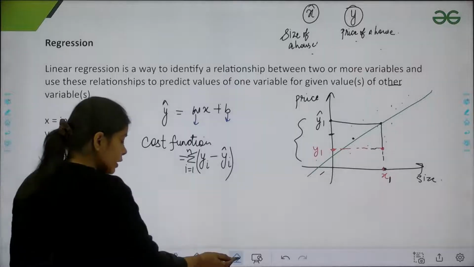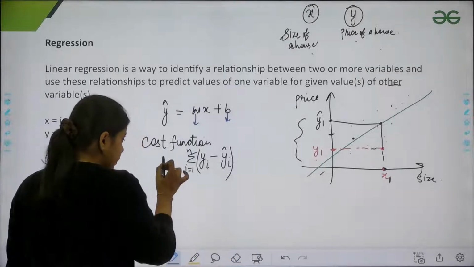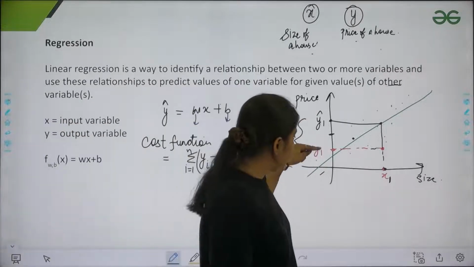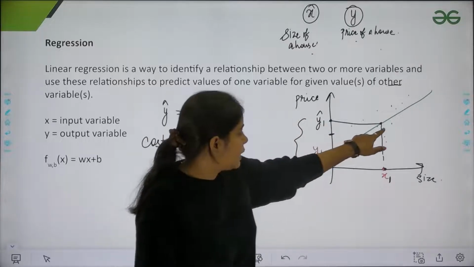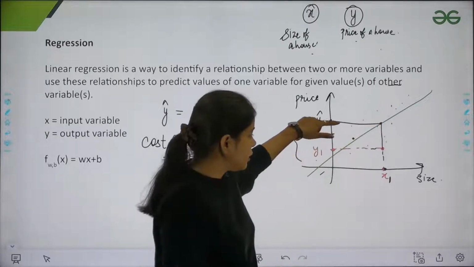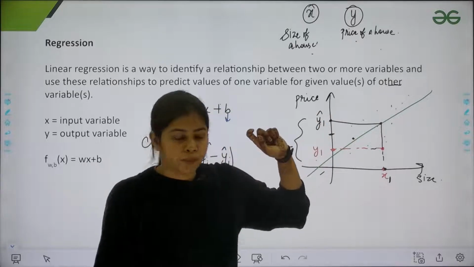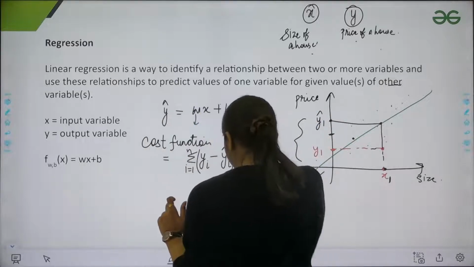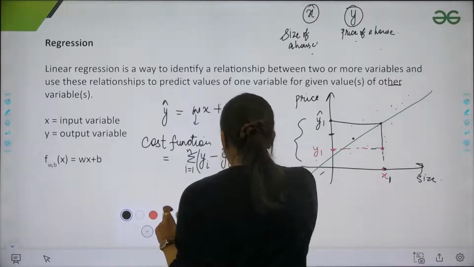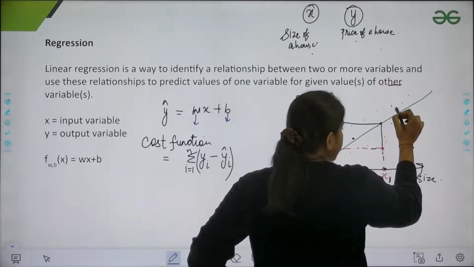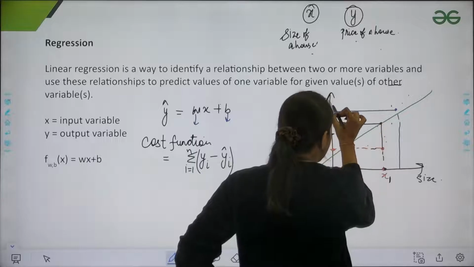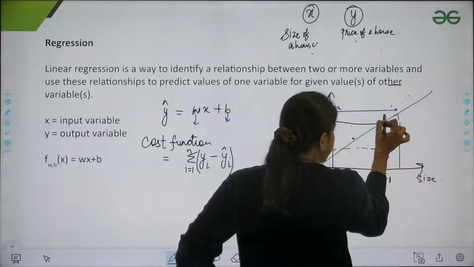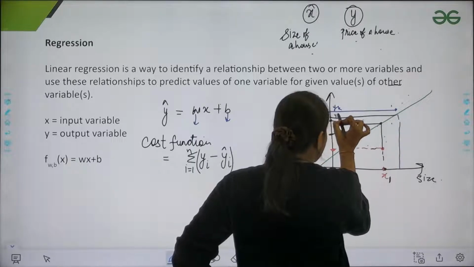But one thing you can see here, if I am getting y1 minus y1 cap, here I am getting this as a negative value. But if I take these points, they would give me a positive value, right? Let's suppose we take any point here, so we have the yk value here, but yk cap would be this one.